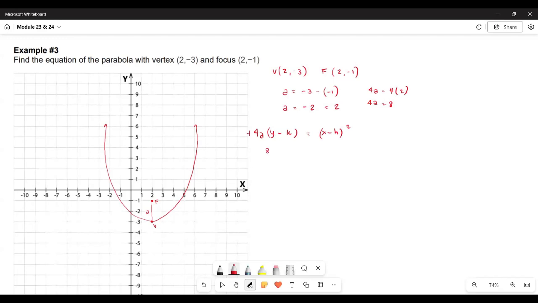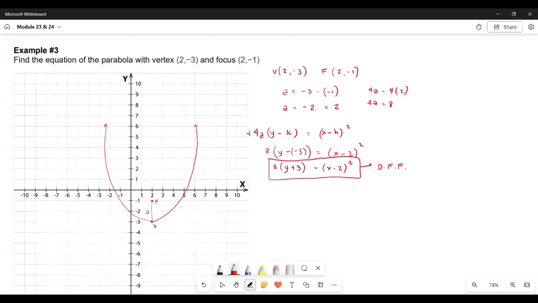So substituting the value, we have 8, tapos yung y minus yung k natin sa vertex is -3 is equal to x minus 2 squared. Okay? So simplify lang natin. So 8y plus 3 is equal to x minus 2 squared. Okay. So ito na yung ating directrix focus form. Okay?